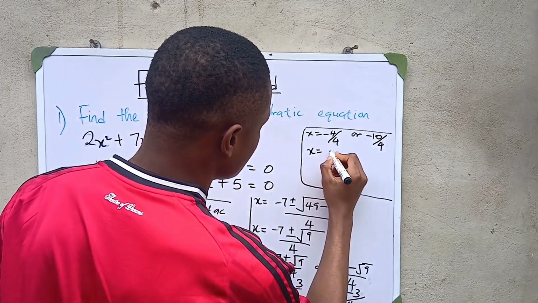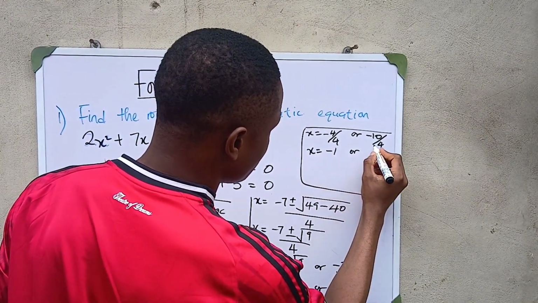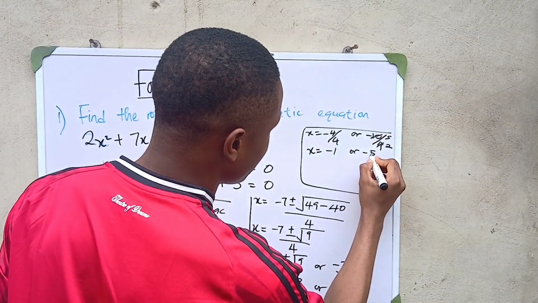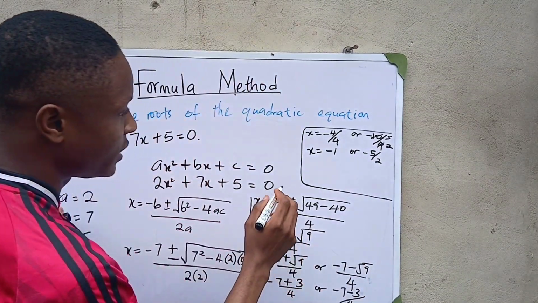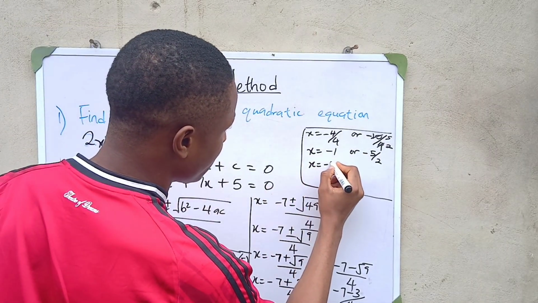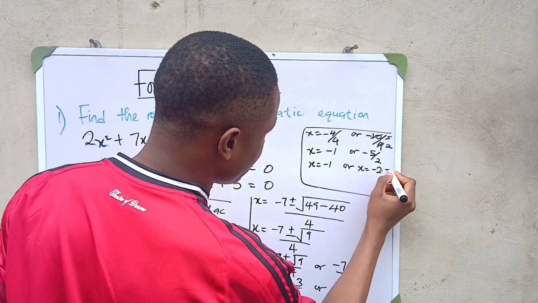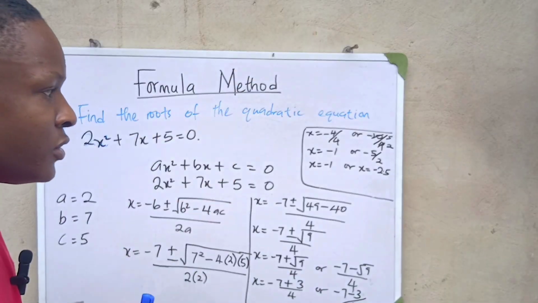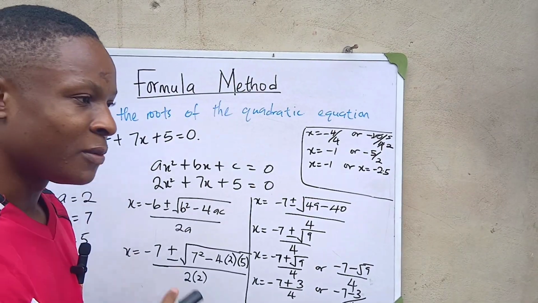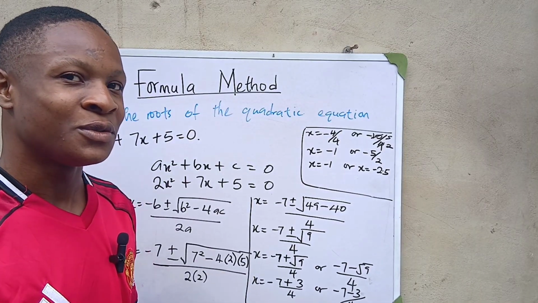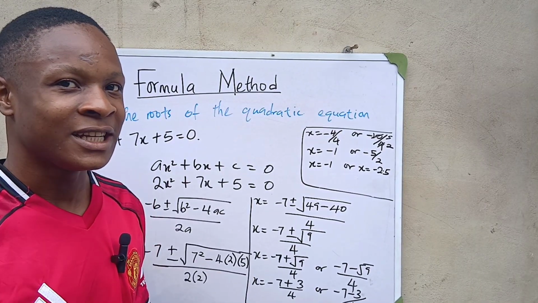So x is equal to minus 1, or 2 goes into 10 five times and 2 goes into 4 two times, so minus 5 over 2. So in decimal, x is equal to minus 1, or x is equal to minus 2.5. So these are the values of x when we use the formula method. So you see that the formula method is very easy to use to solve quadratic equations, and it's very fast.